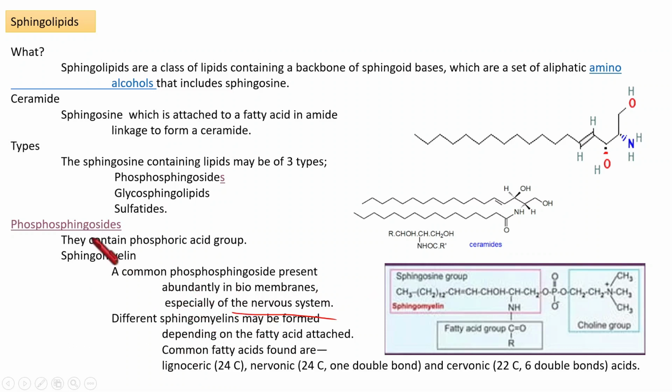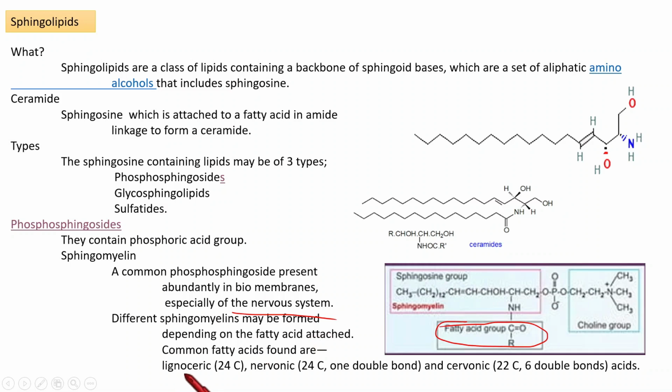Different types of sphingomyelin are possible. How different types may form depends upon the difference in the fatty acid group attached to that sphingosine. As this fatty acid group changes, different types of sphingomyelin are forming. Commonly, which are the different types of fatty acid attaching to this sphingosine?